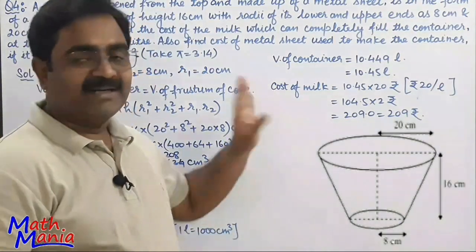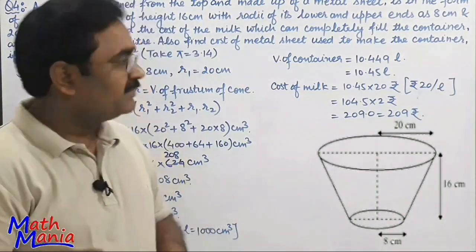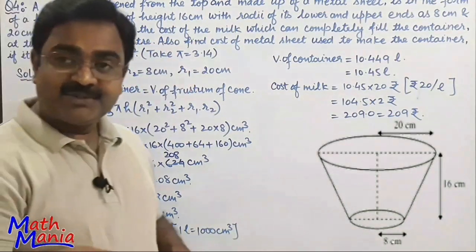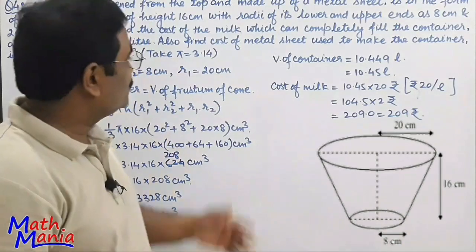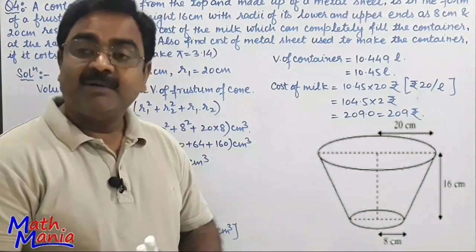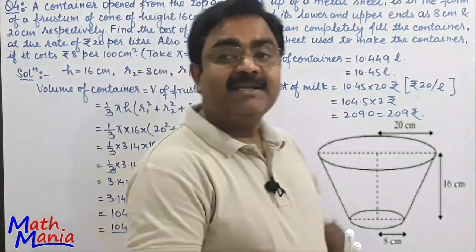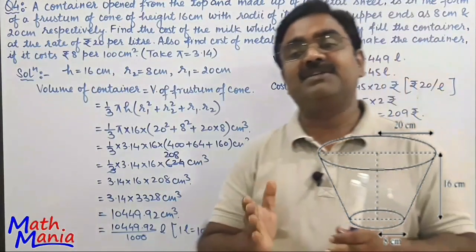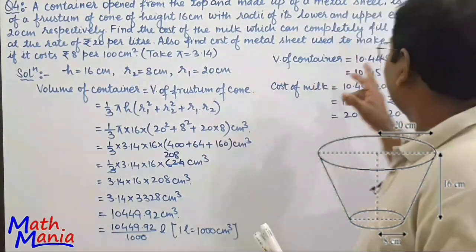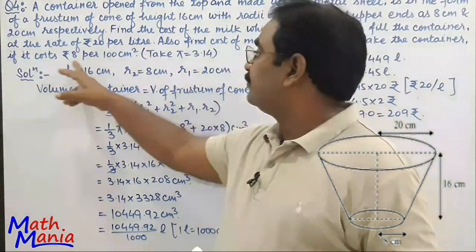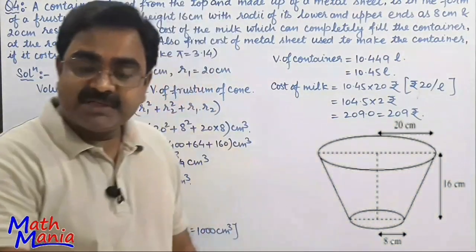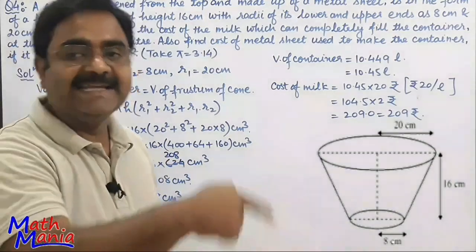We have got the answer to this. Now the second question, be careful: also find the cost of metal sheet used to make the container, which is given if it costs rupees 8 per 100 centimeter square. It means the cost of 100 centimeter square is rupees 8.